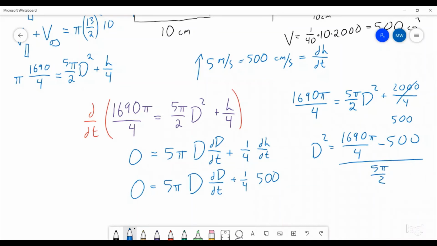So d squared is about, let me pull up a calculator and figure this out, because I'm not going to want to do this exactly. We're just carrying approximate.